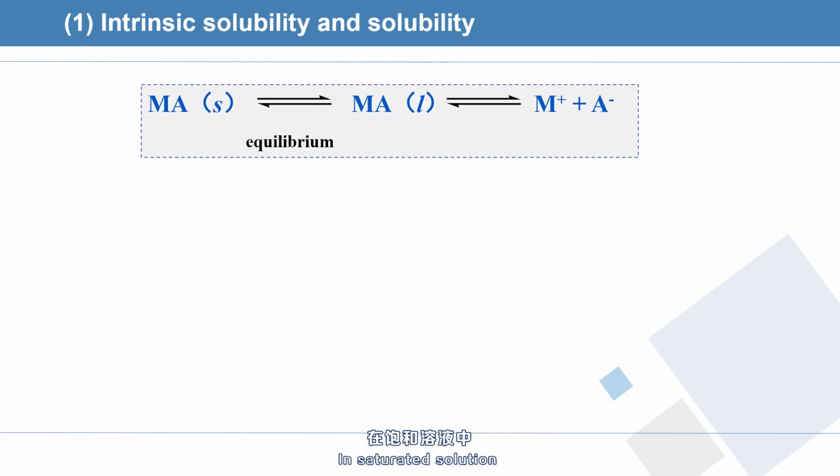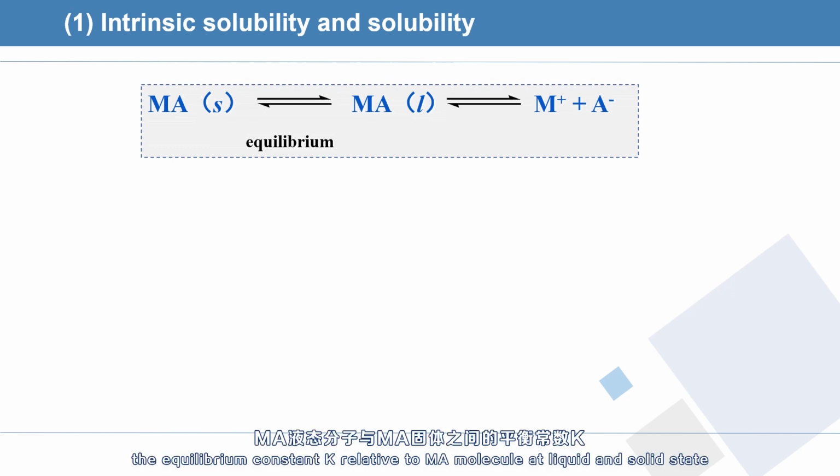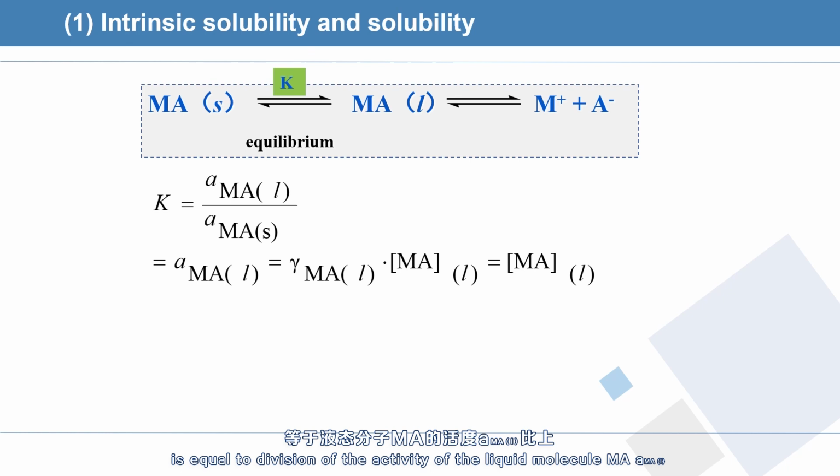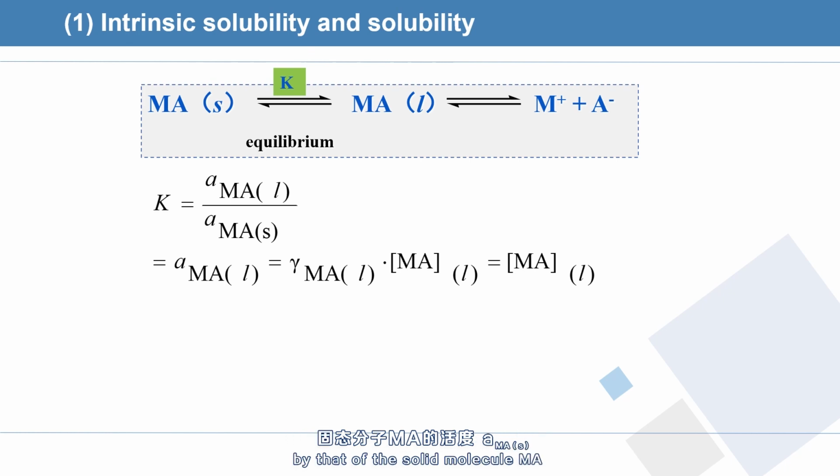In saturated solution, the equilibrium constant K relative to MA molecule at liquid and solid state is equal to division of the activity of the liquid molecule, MA, by that of the solid molecule, MA. Since the activity of the solid molecule, MA, is 1, the activity coefficient of the liquid molecule, MA, is 1.